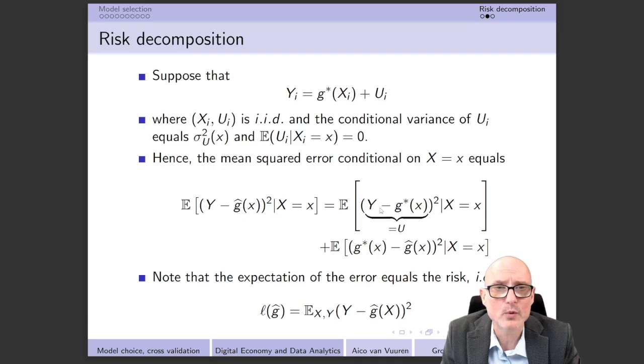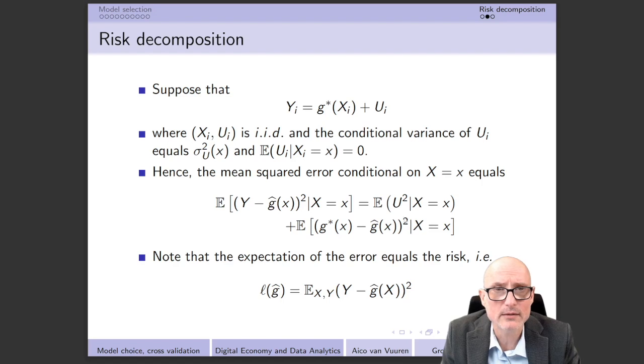So I can also write y minus g star x as being equal to u. So I can write this now as the mean of u squared conditional on x equal to x. So that essentially implies that what we have over here is the second moment of u conditional on x equal to x.